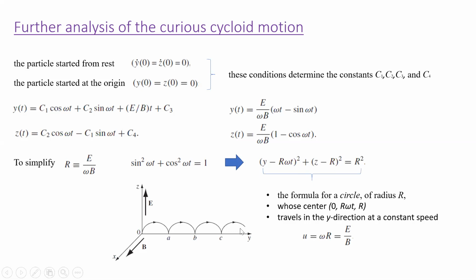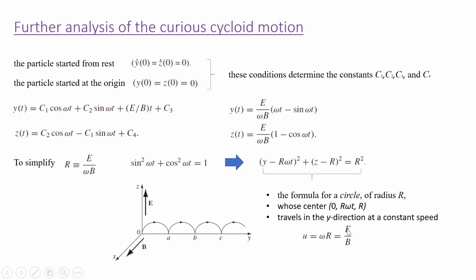We can interpret that as something which travels. Its y component of the center of the circle travels as r omega times t. So r omega would be the velocity. So the center travels in the y direction at constant speed omega times r, which, if we come back here, omega times r is equal to E over b.